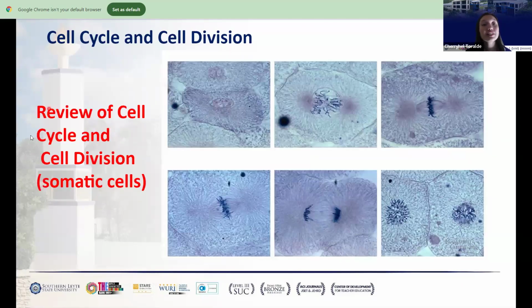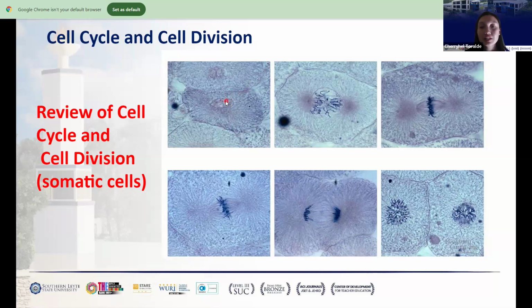Okay, so let's have a review of the cell cycle and cell division. Here in the somatic cells, of course, this one is still in interphase because as you can see, the nuclear membrane is still present. And the chromatins, or there are still no chromosomes, di ba? Hindi pa nag-condense.